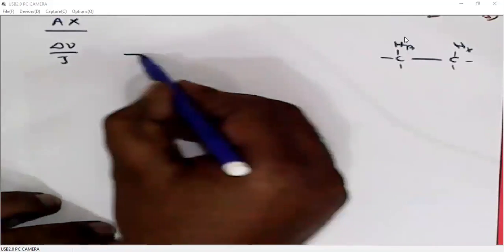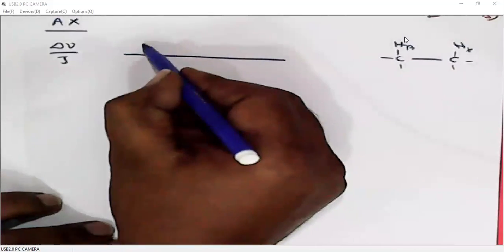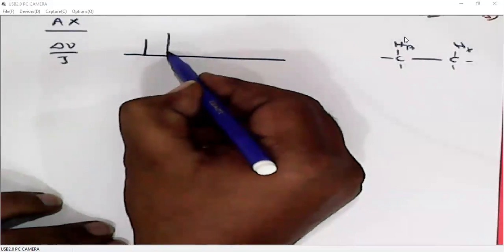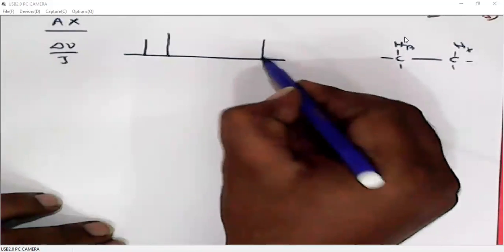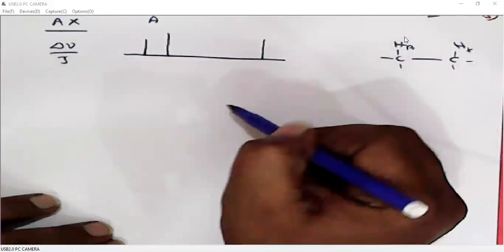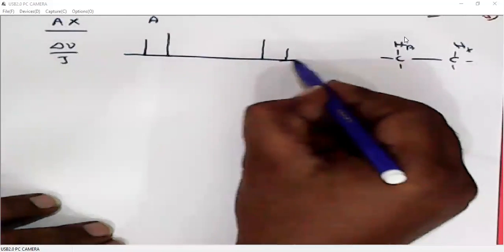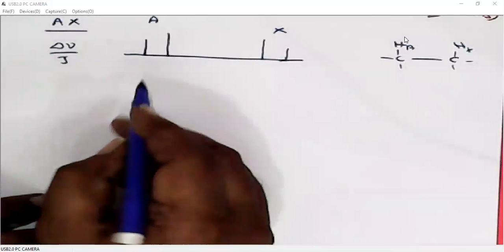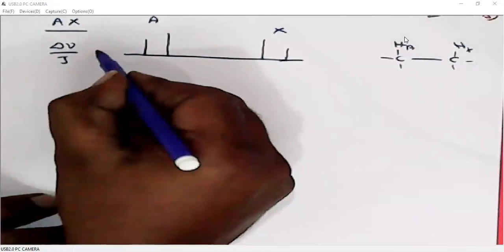If it is a first order spectrum, it will be very clear. It will give a doublet for A type protons and a doublet for X type protons, and the spectrum is very clear.